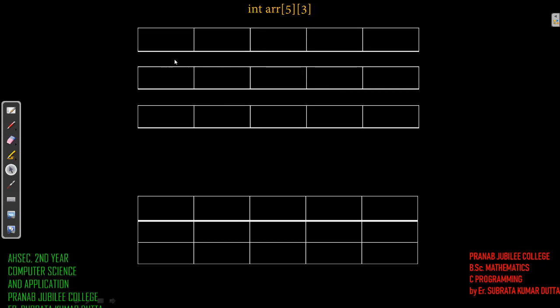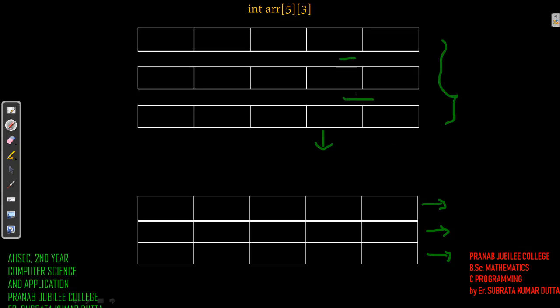mainly we don't represent it by giving spaces. Here there is empty space, here there is empty space. What we do is we remove those spaces and put all these arrays together. Here you can see one array, two array, three array. It is the same thing, but we don't give these spaces.